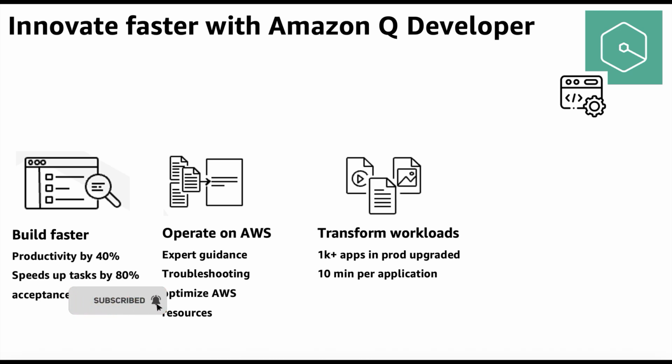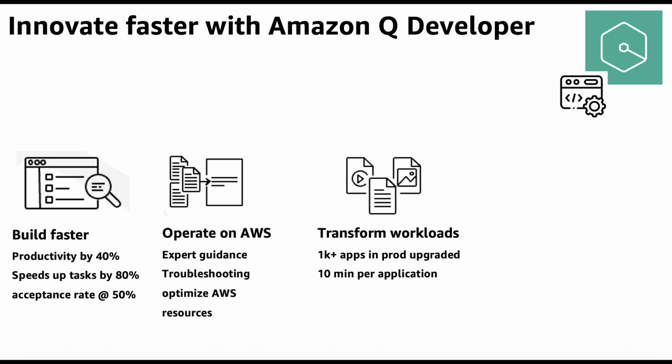Modernize .NET, mainframe, VMware, and Java workloads at enterprise scale to optimize processes and reduce costs. The AI agents help you accelerate workload transformations to streamline processes and reduce costs.